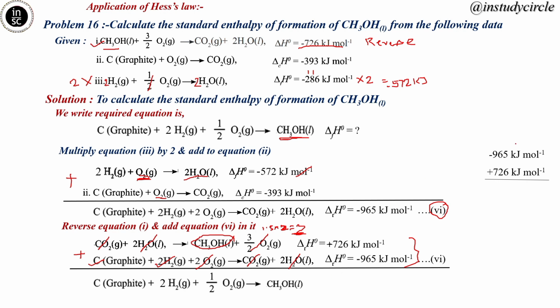Which becomes like here. So 5 minus 6 is not possible, so 1 यहाँ से ऐड कर देंगे, we get 15, so 15 minus 6 we get 9. अब यहाँ पर 5 है, 5 minus 2 we get 3. अब यहाँ पर 9 है, so 9 minus 7 we get 2, and the sign of the bigger number, which is minus, so minus 239 kilojoules per mole is the standard enthalpy of formation of methyl alcohol.